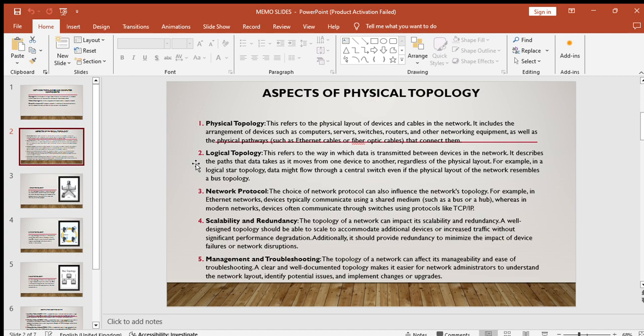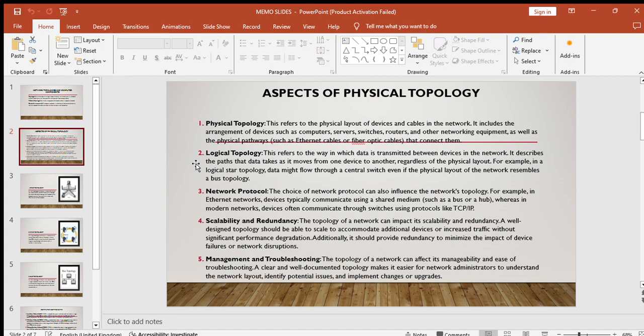It includes the arrangement of devices such as computers, servers, switches, routers, and other networking equipment, as well as the physical pathways such as Ethernet cables or fiber optic cables that connect them.